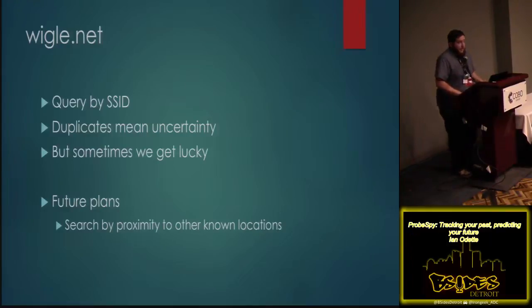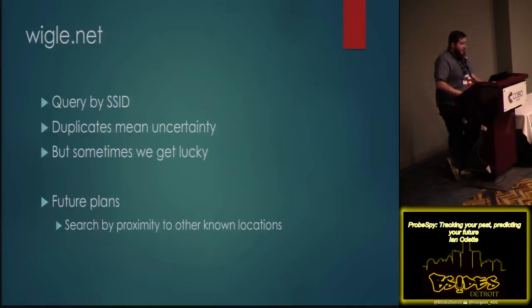But certainly sometimes we get lucky. Sometimes there are very few people who have a given network name, or only one. If we bound our search within a specific area, such as an area somewhat around wherever it was that we captured our packets in the first place, reasonably thinking that the people might not be too far from where they usually are, from where they live, from where they conduct all their business, we can potentially get even more answers.